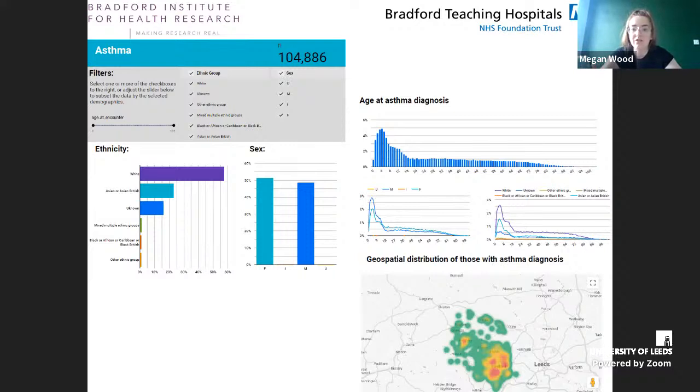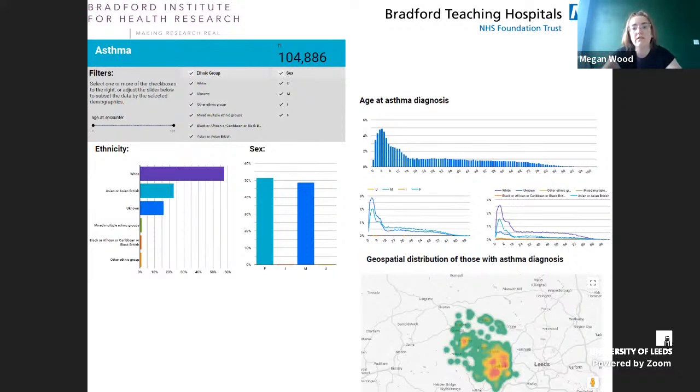And we can filter out these specific demographics at the top of the screen. So we can see how many individuals we have according to various demographics. So we could filter out for just individuals from Asian or Asian British backgrounds, males, females, age, etc.